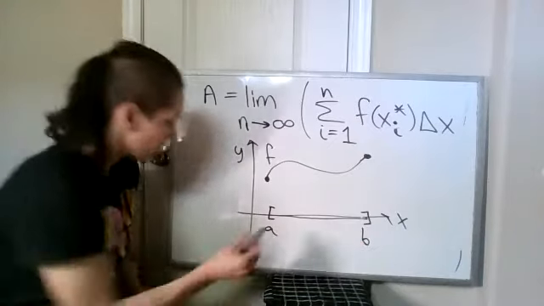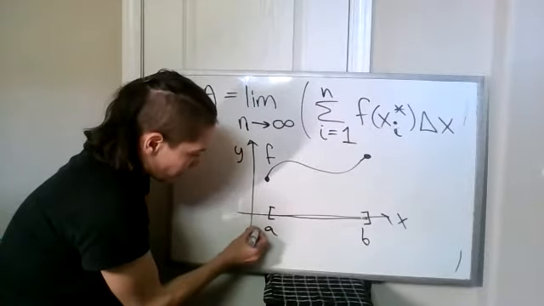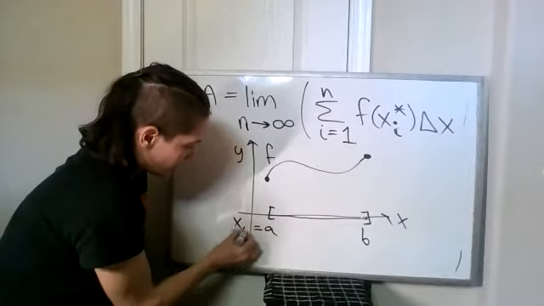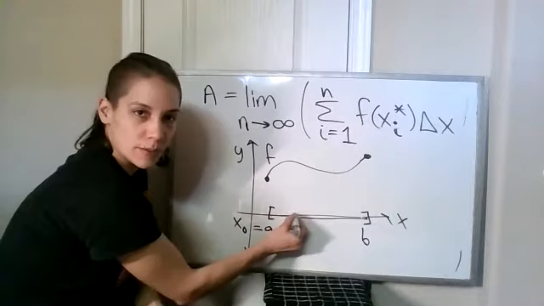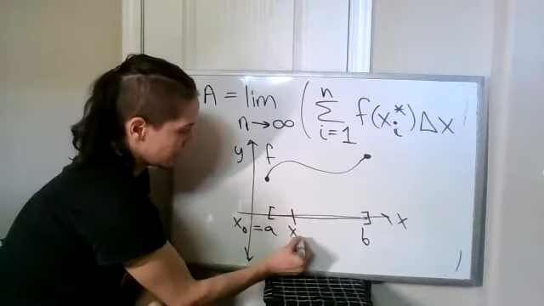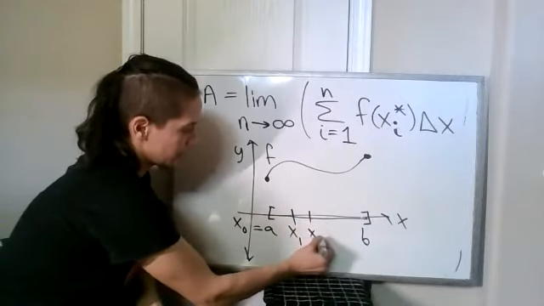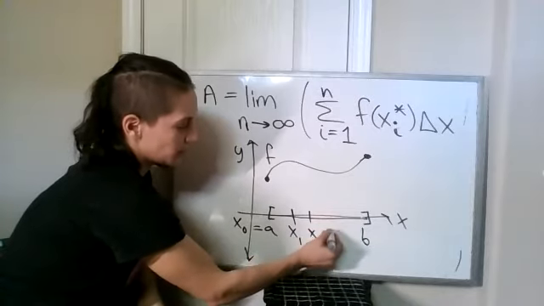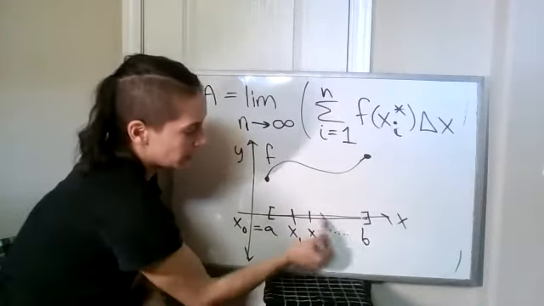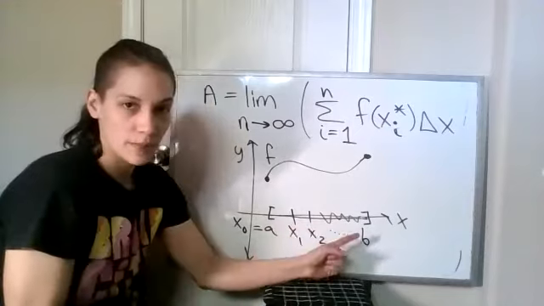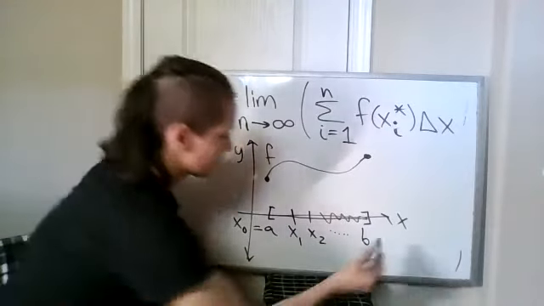So your first part of your partition: x naught followed by x1, and x2, and then dot, dot, dot, to however many until you reach b, which is x sub n.